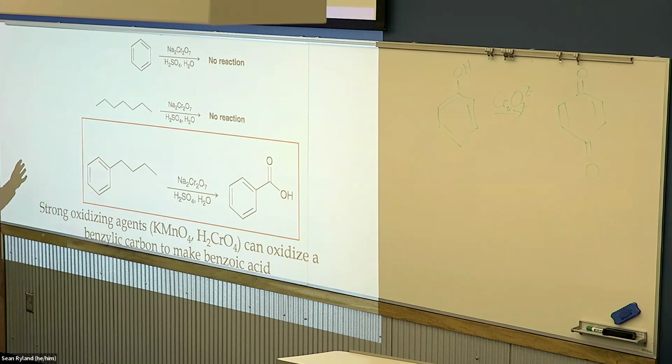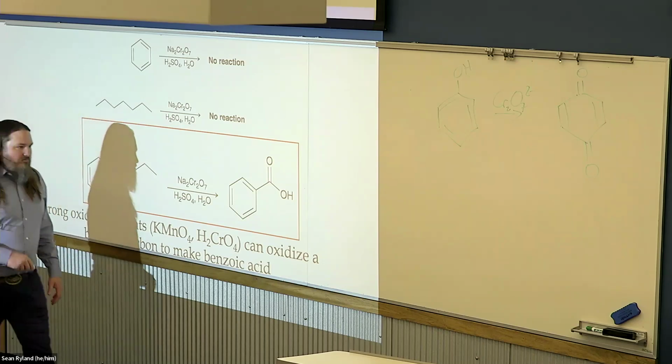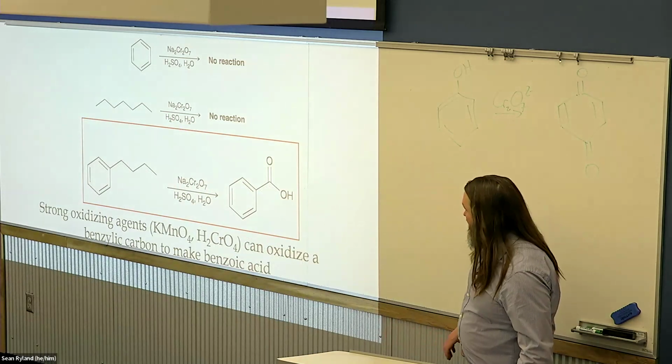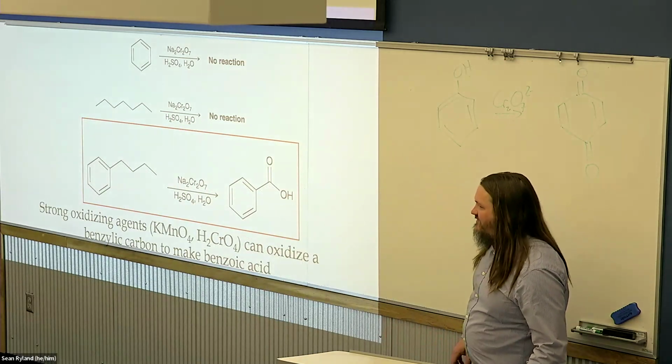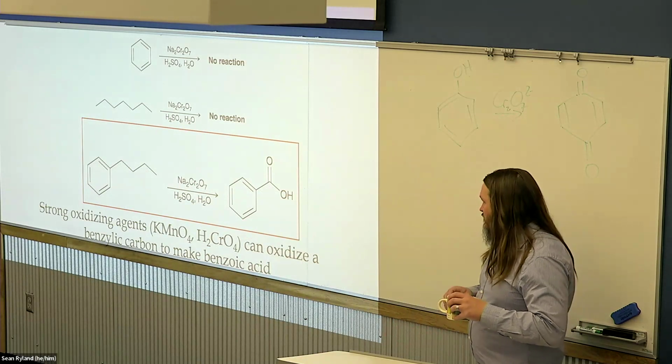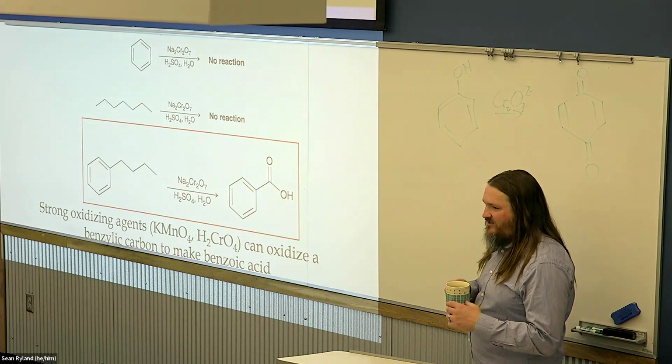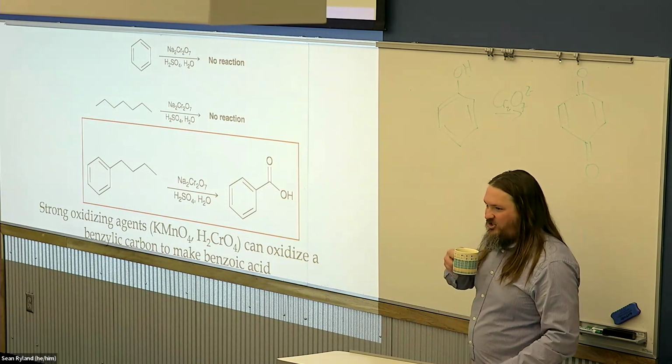Aromatic carbons, we don't really classify as either secondary or tertiary. They're always just aromatic carbons. But if we're strictly counting carbons, then technically, yeah, that's a tertiary carbon. But it's not the aromatic carbon that gets oxidized, though. It's the one adjacent to that.